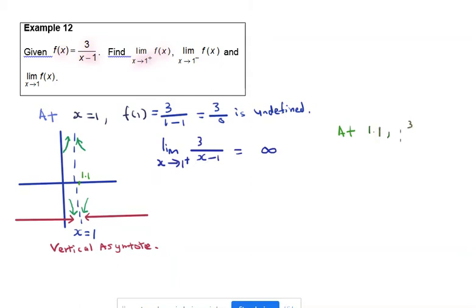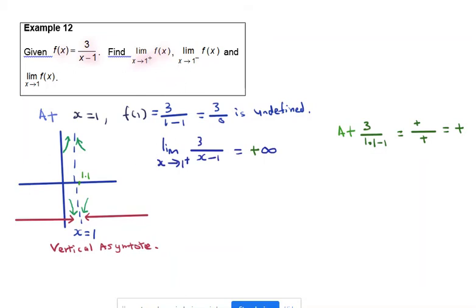Substitute 1.1 into x: 3 divided by 1.1 minus 1. 3 is positive. 1.1 minus 1 is also positive. So positive divided by positive is positive. This is positive infinity.